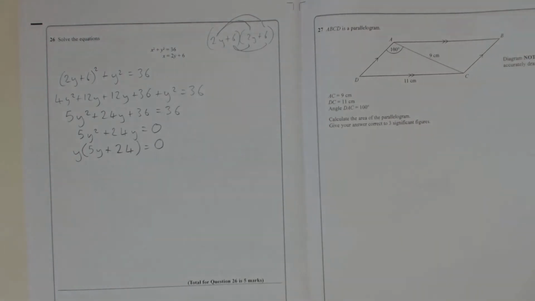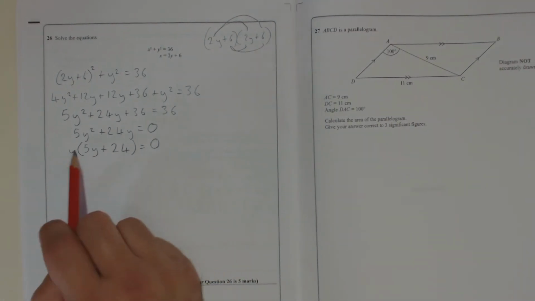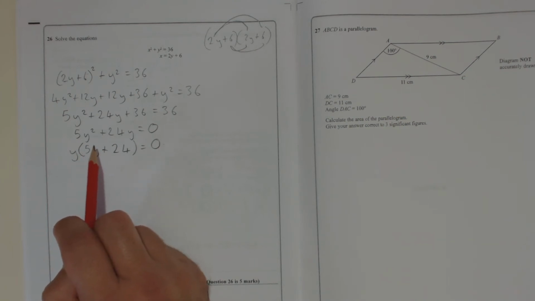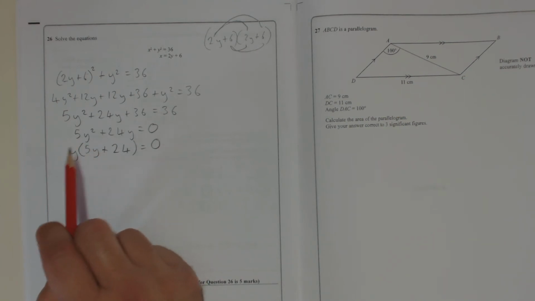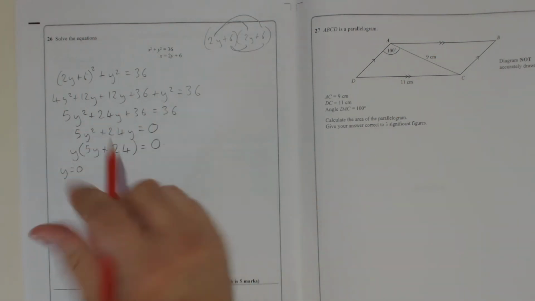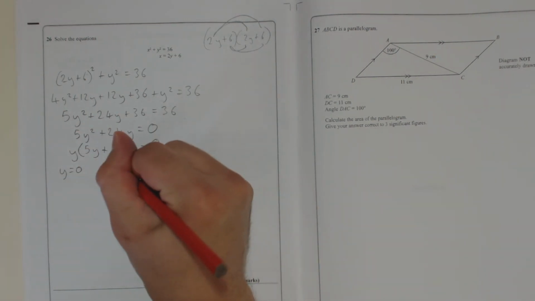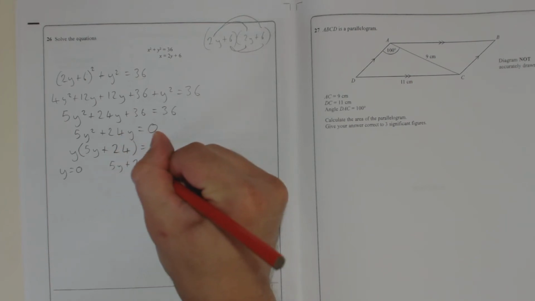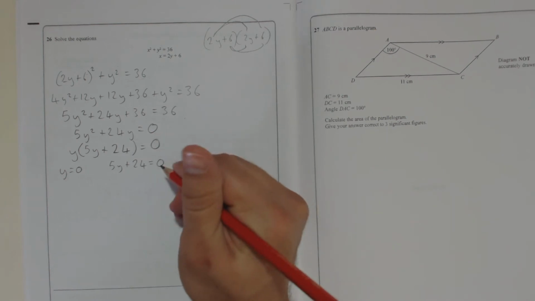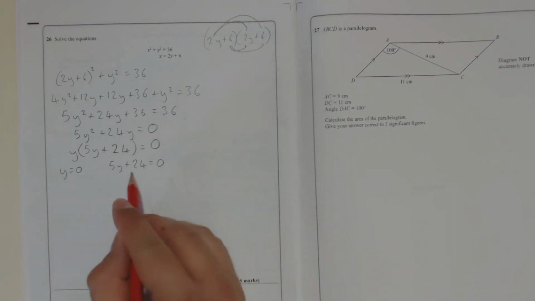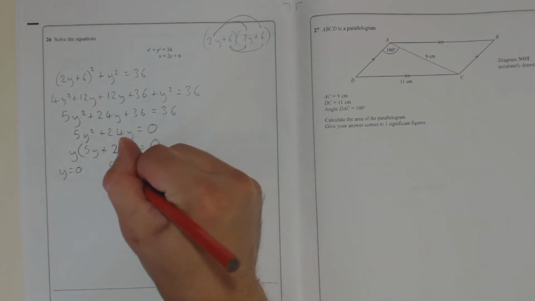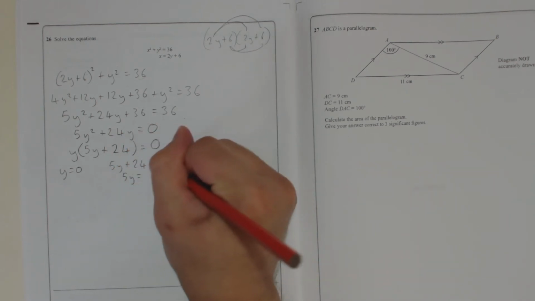Now, when you've got something times something else equals 0, that means we say that either of them is 0. So y is 0. That's one answer. But also, 5y plus 24 is 0, so we need to solve that, and that'll give us the other y. There are two values of y: y equals 0 and whatever this gives. So 5y equals minus 24, taking away 24 from both sides.